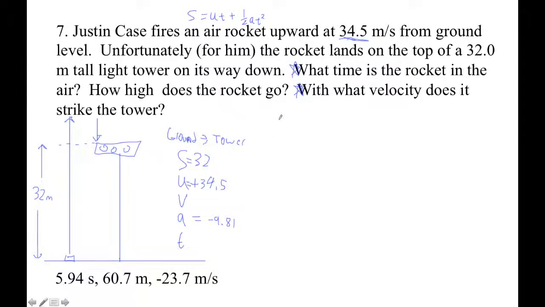Okay, so I'm going to use v squared is u squared plus 2as. So the absolute value of the final velocity is the initial velocity squared, so 34.5 squared, plus 2 times negative 9.81 times, what's our s? 32.